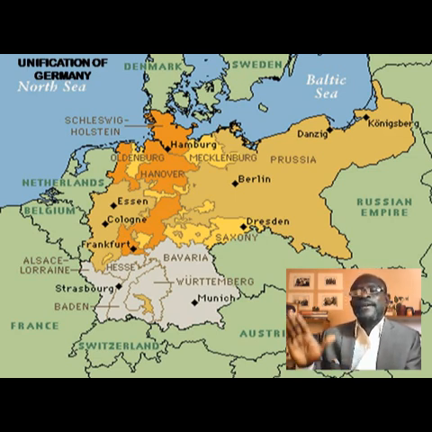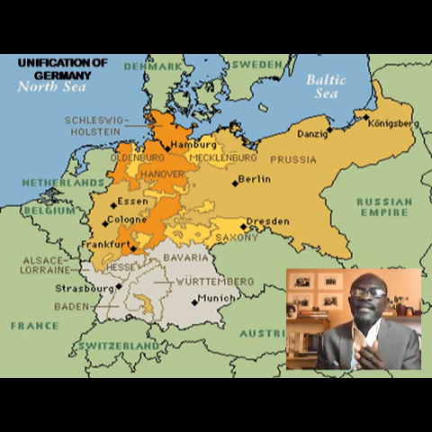Apart from the fact that France, number one, would not want the unification of Germany because it would upset its power in Central Europe. If another big, powerful republic comes up, it will challenge the power of France, therefore upsetting the balance of power in Central Europe.